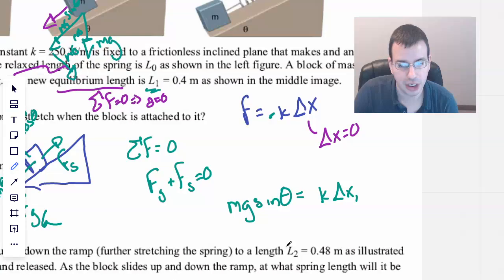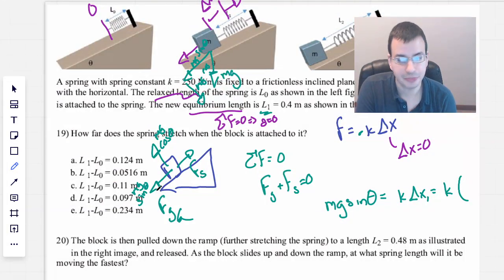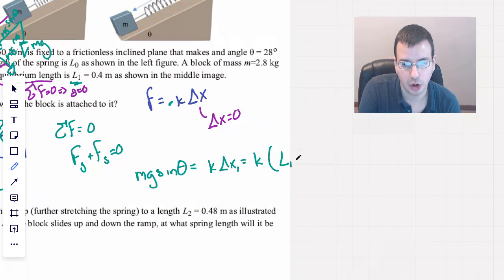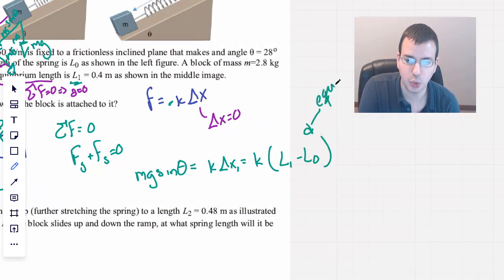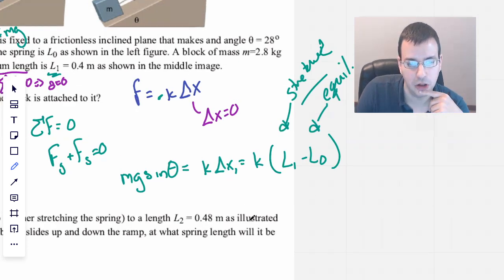So we know everything here except delta x. Do they want delta x? Yep. This will be L1 minus L0. So that's the equilibrium, and that's the stretched portion that we have right there.